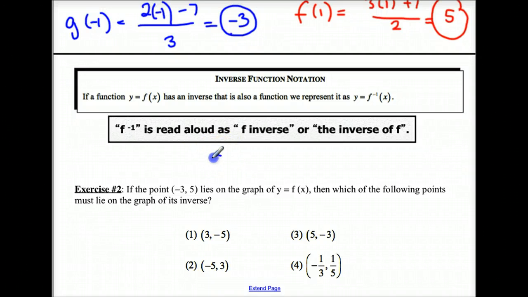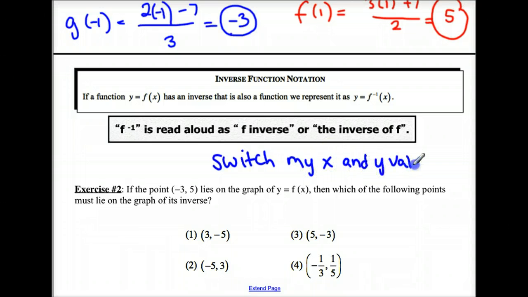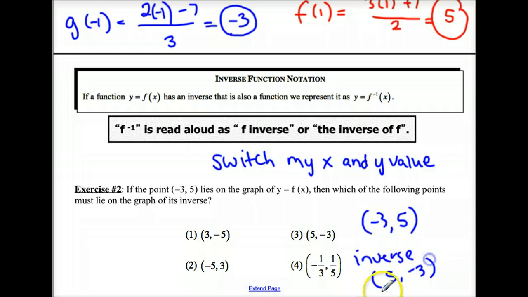So all I'm going to do is switch my x and y values. I have (-3, 5), and then the inverse becomes, switch them, (5, -3), which is choice 2. So whenever you're dealing with a coordinate pair, all you have to do is switch your x and y values.